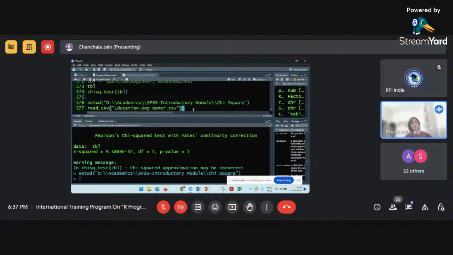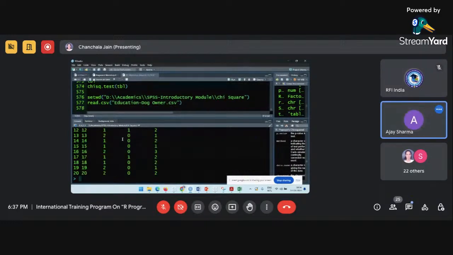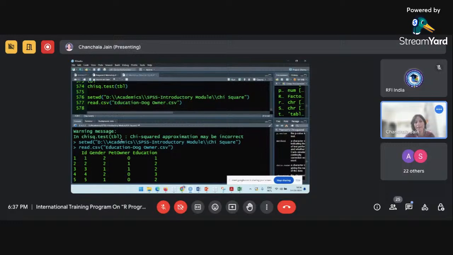With extension, you need to pass the name. Fine? The file is loaded like this, right? ID, gender, pet, education.